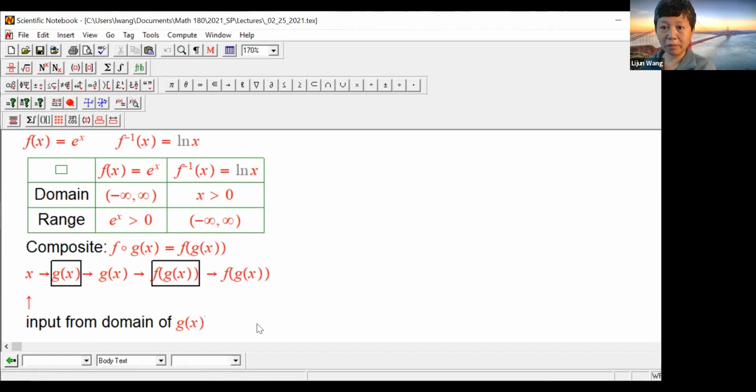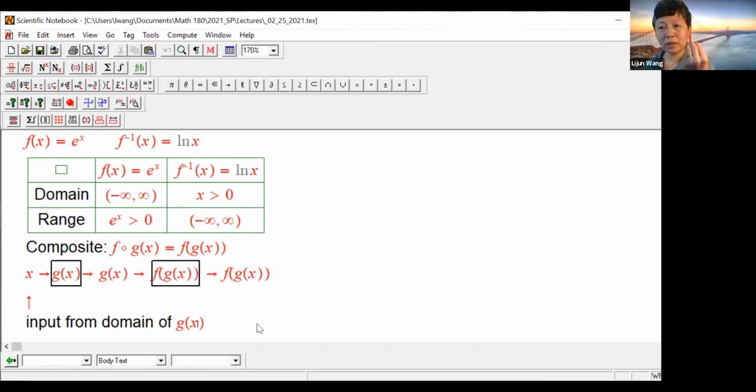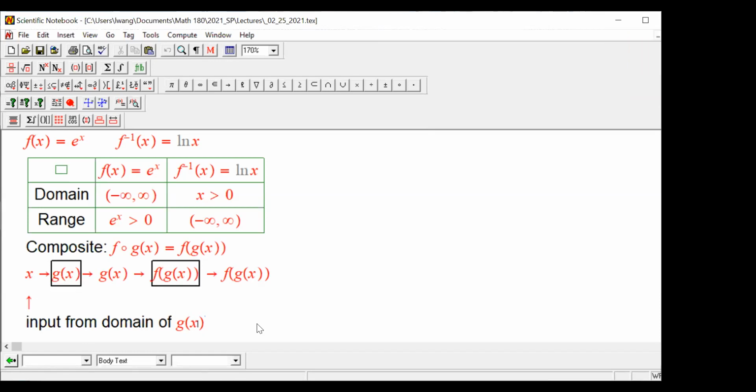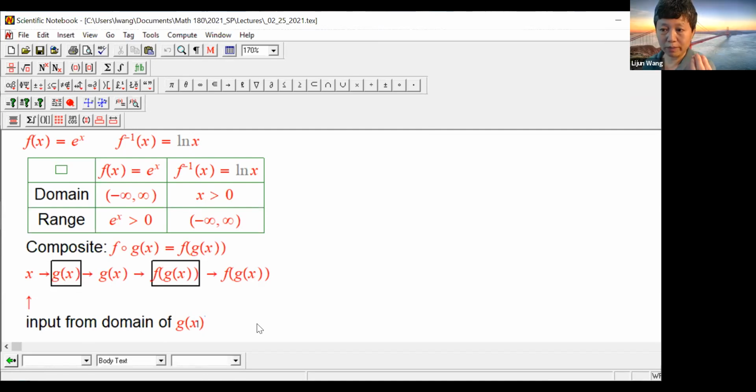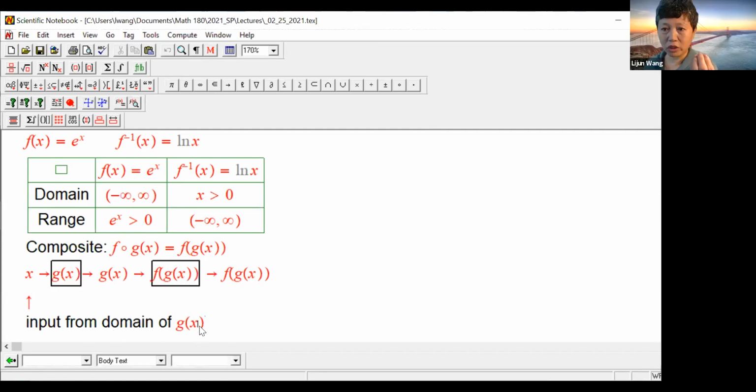So even though in mathematics we use X, Y, Z a lot, until you mention the rule of the function, you will not be able to tell the difference. So this X is from the domain of G. And what's the consequence?